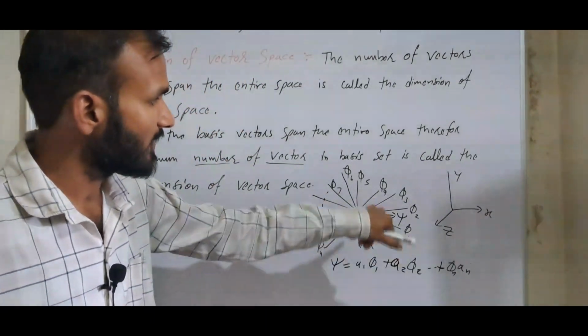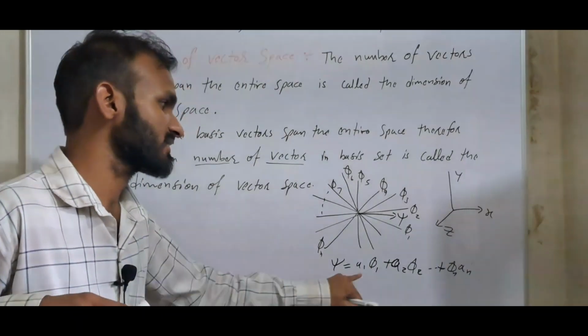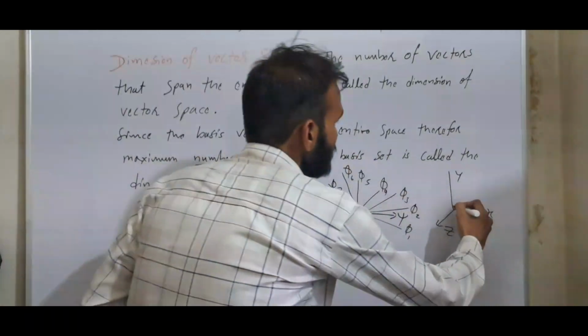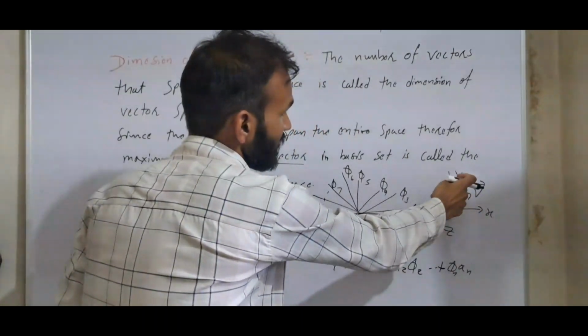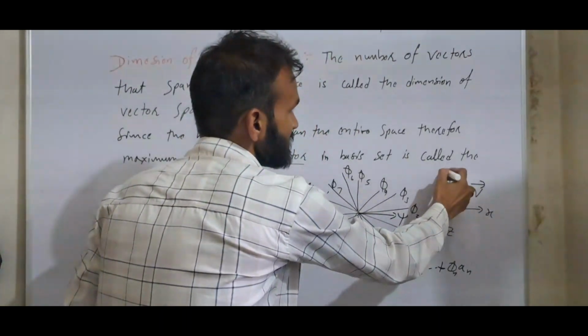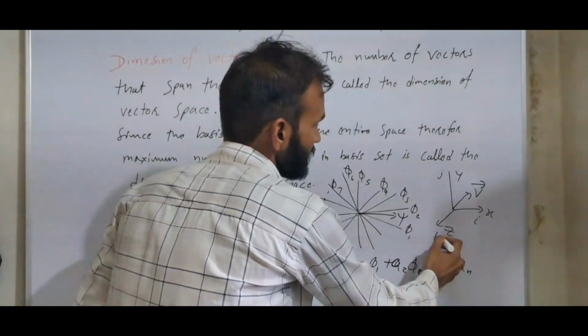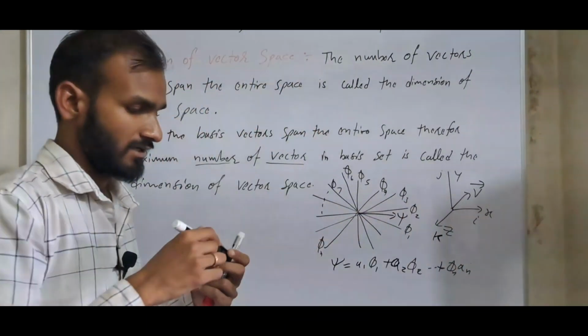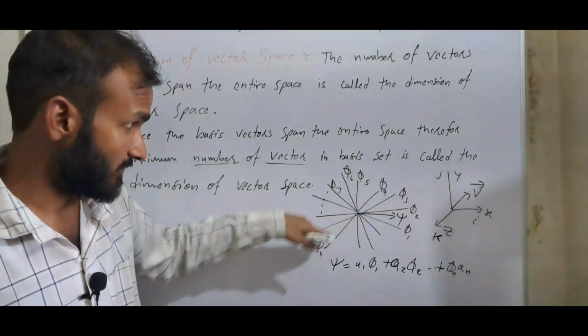So this vector space is n-dimensional vector space, and any vector can be written as a linear combination. Here any vector, let's just say v vector, can be written as a linear combination of i, j and k. So these are unit vectors.